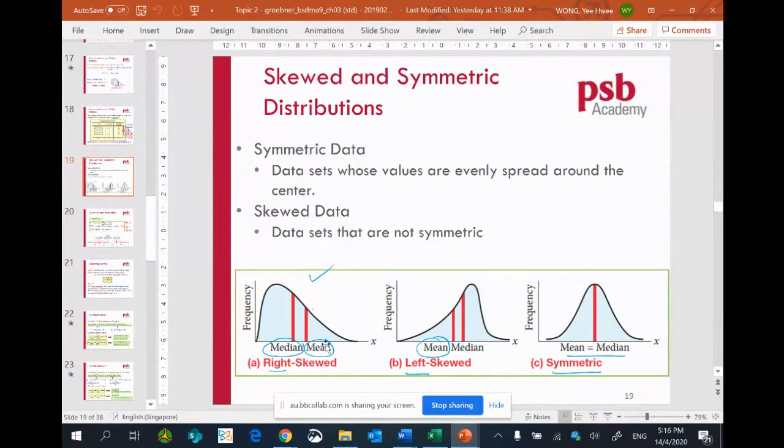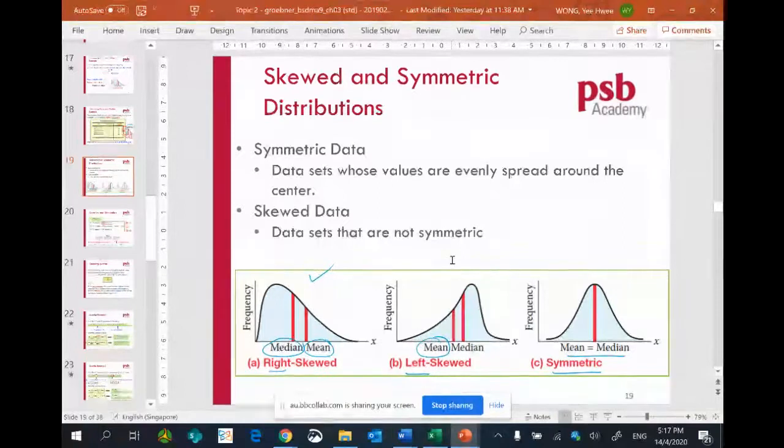The mean is bigger than the median, so you get a right skew graph. The mean is smaller than the median, you get a left skew graph. If the mean is almost the same as the median, then you get a graph which is almost symmetrical. So this is what I tried to emphasize to you in the first half of this tutorial session.